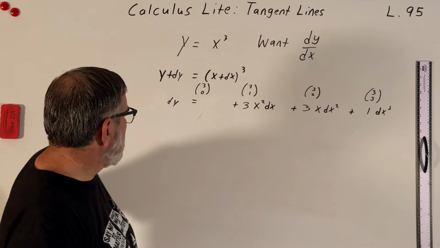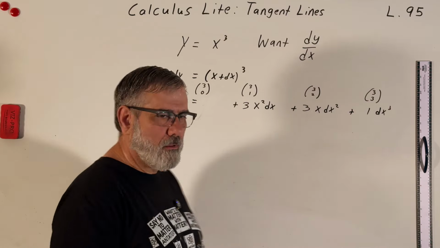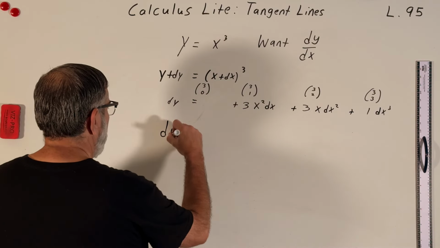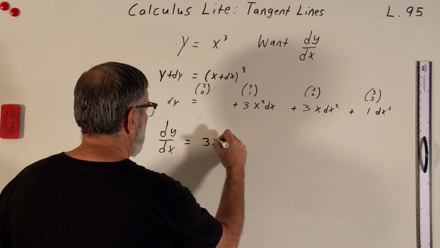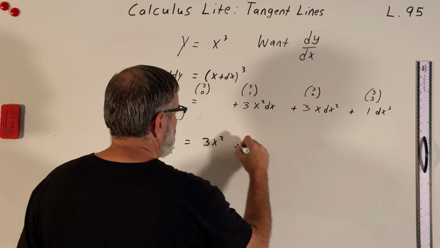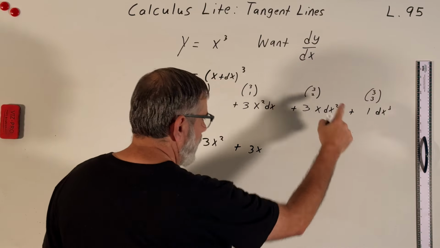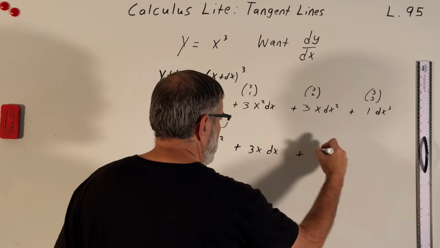I want dy/dx. I've got dy, right? Let me just divide everything by dx, okay? So if I divide dy by dx, which is what I want, this is equal to 3x squared, this dx just got divided out, right? Plus 3x times dx squared divided by dx is just dx, plus dx cubed divided by dx is dx squared.